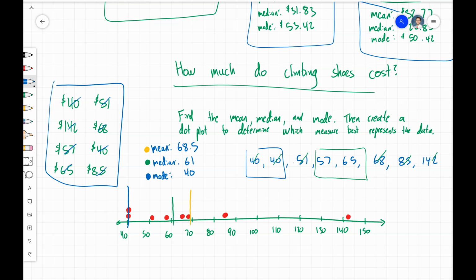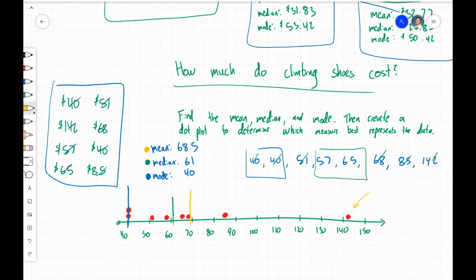So if we're comparing these and we want to know the typical cost of these climbing shoes, we can see, okay, when we measure the mean, there are 6 climbing shoes that cost less than our mean of 68.5, and only 2 that cost more.